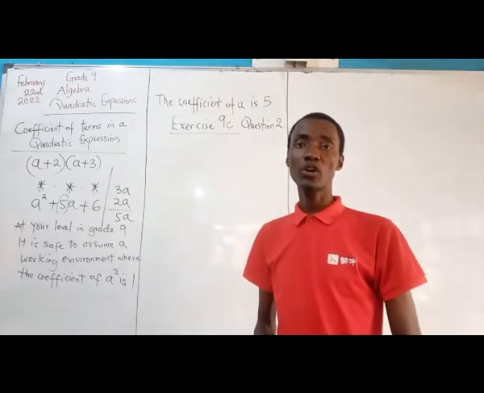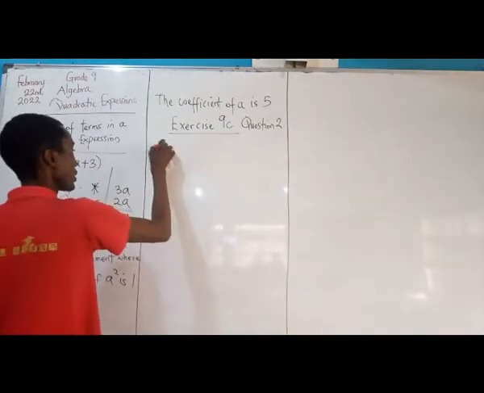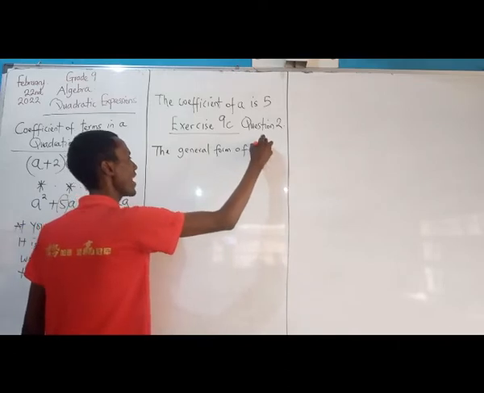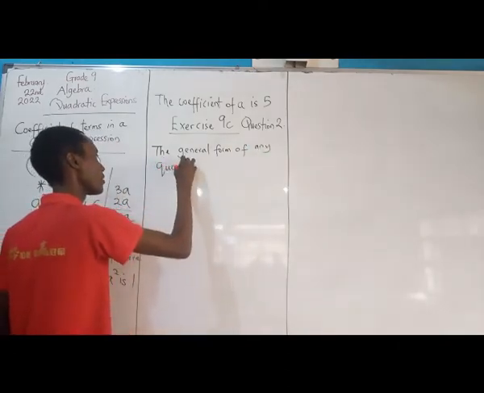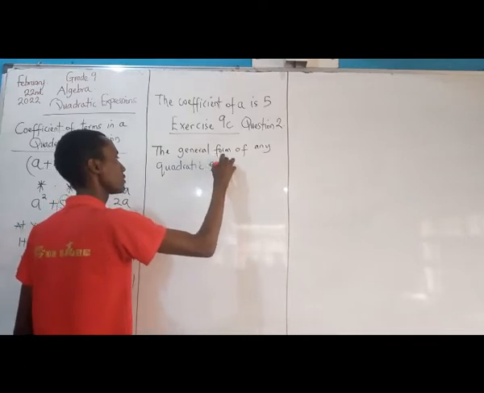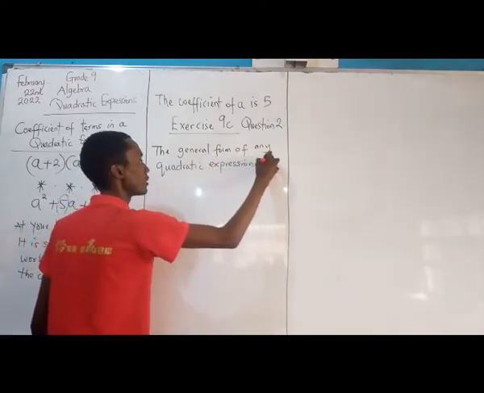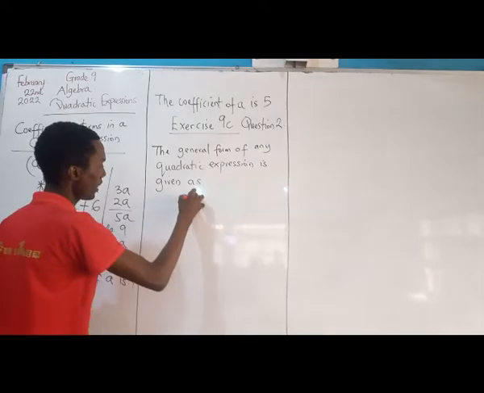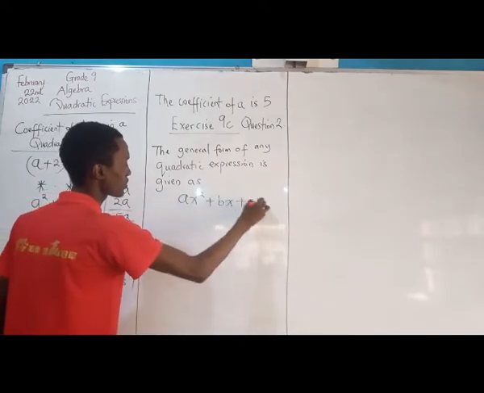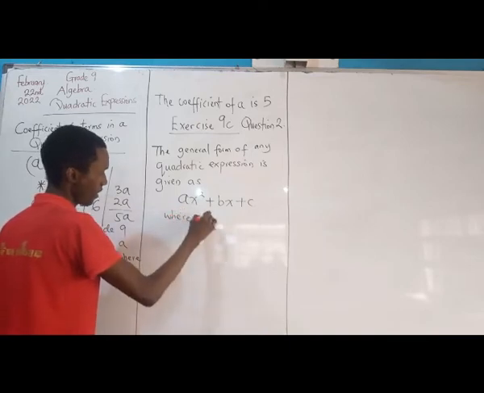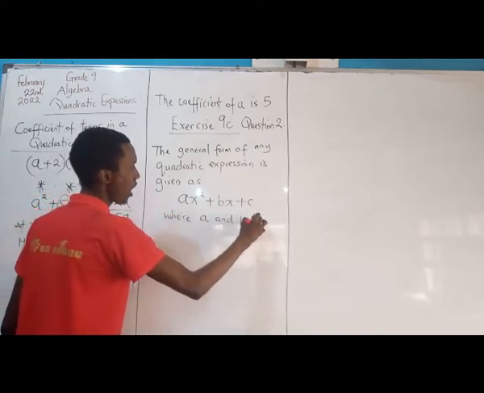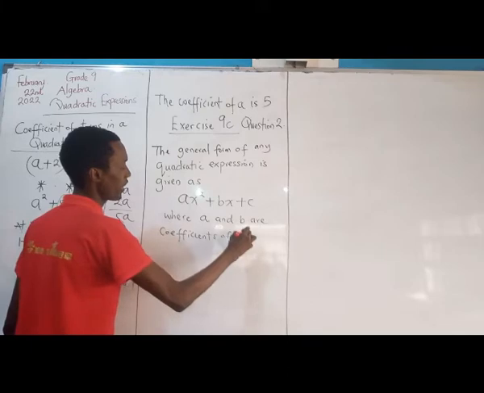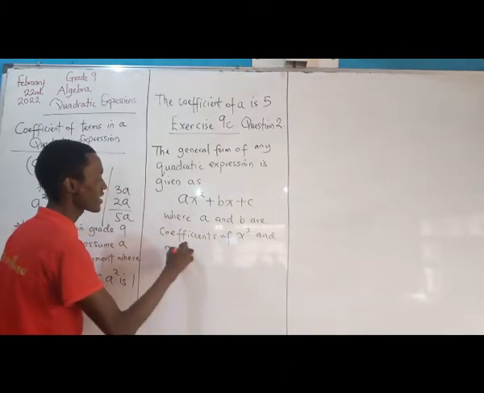I think it's important at this point for you to remember that the general form of any quadratic expression is given as ax squared plus bx plus c, where a and b are coefficients of x squared and x respectively.